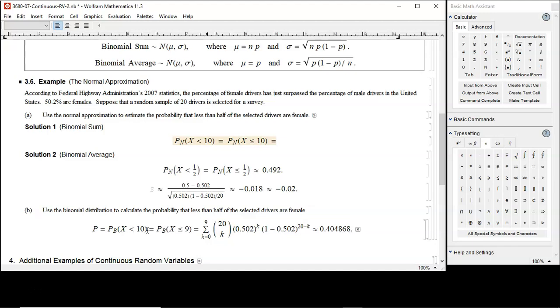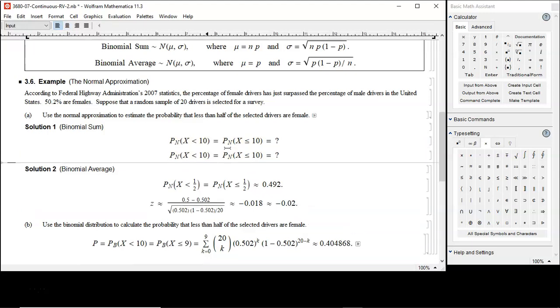So you see, approximating this one versus approximating x is less than or equal to, that makes no difference. That doesn't make much sense either. Now let's consider this.